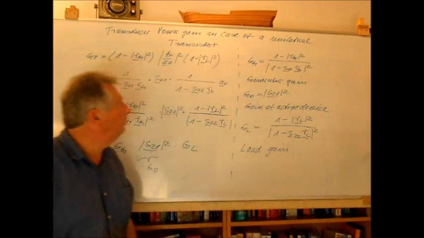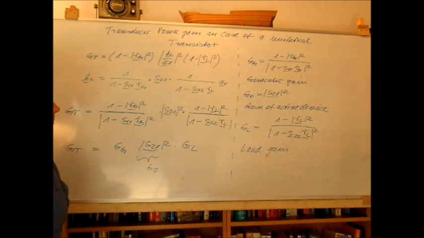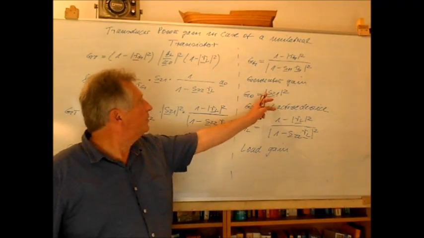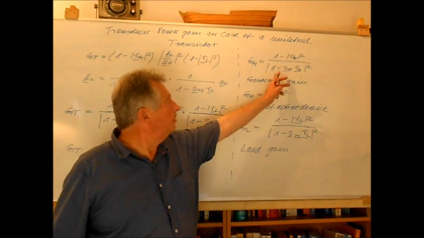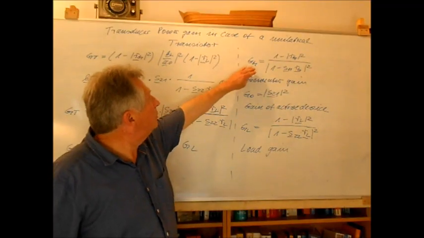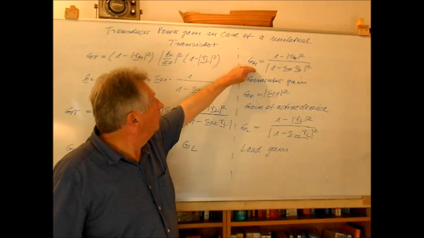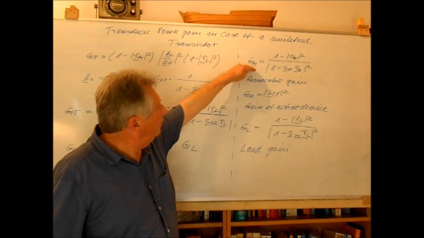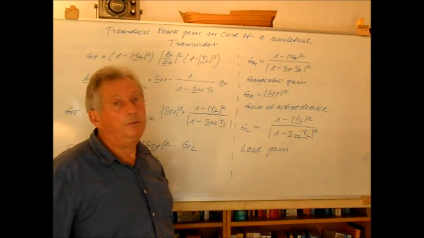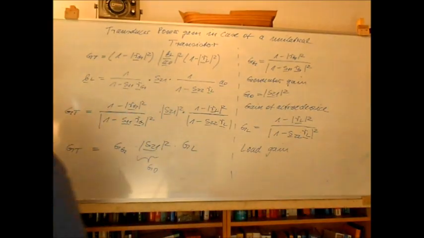Of course, if we want to optimize now the overall transducer power gain for a certain transistor, then S21 and S22 and S11 are fixed. So what we can do is to optimize the so-called generator gain and to optimize the load gain, and this we will do in the next step.